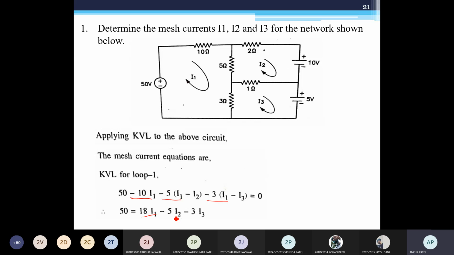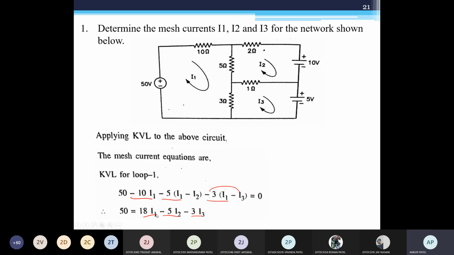Minus 5 I2 becomes plus when shifted, so on the RHS it is minus 5 I2. And minus 3 I3 becomes minus 3 I3 as well. So this is your first equation.